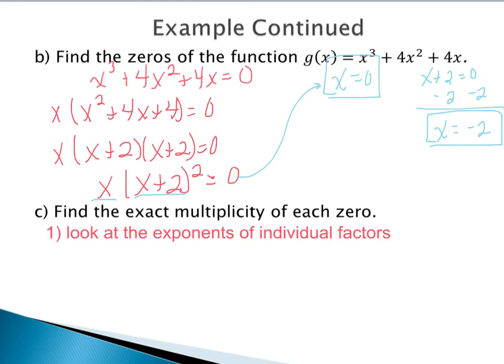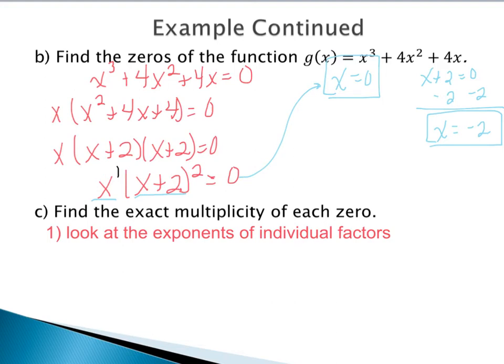Looking at our factored form, x times x plus 2 squared, the x would be your first factor, and the x plus 2 squared would be your second factor. Looking at the exponents of the individual factors, the x has an exponent of 1, and the x plus 2 squared has an exponent of 2. So that would help us to determine the multiplicity.